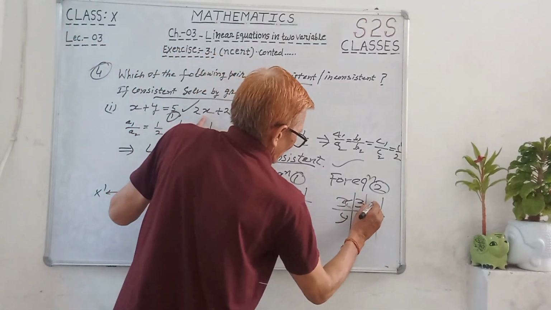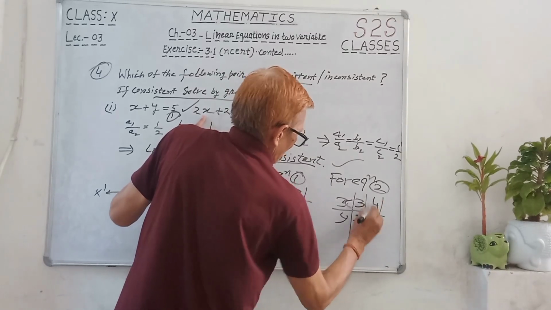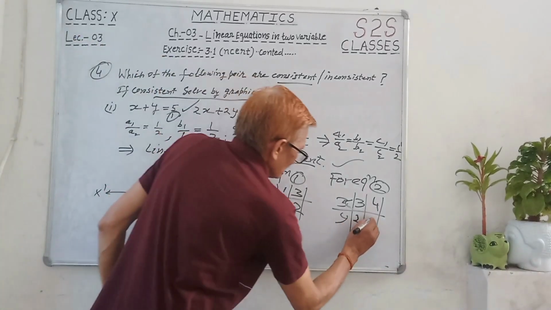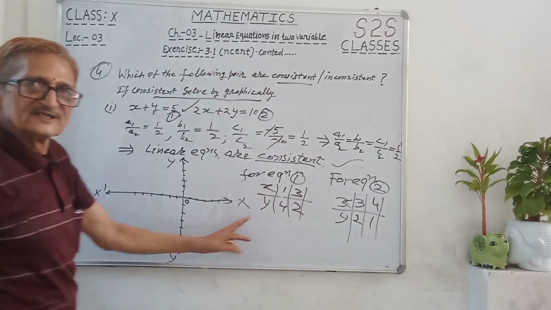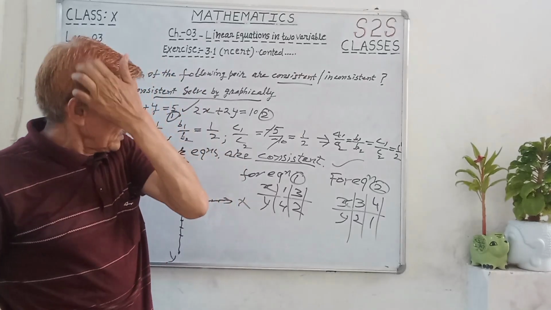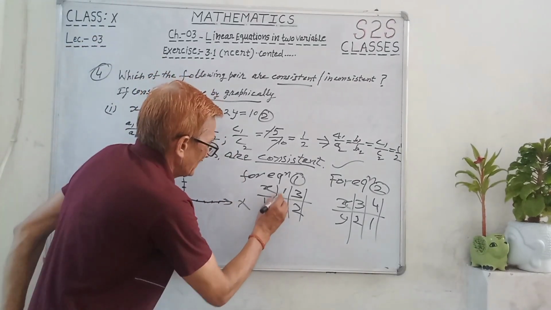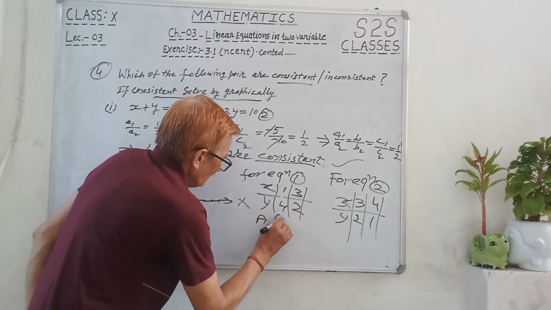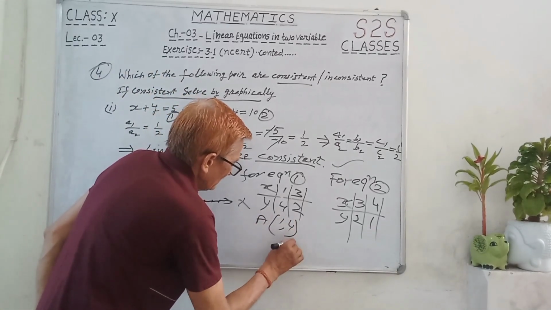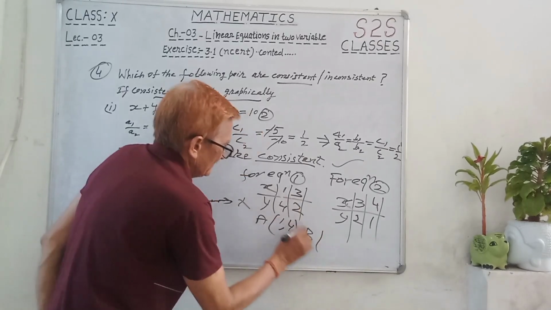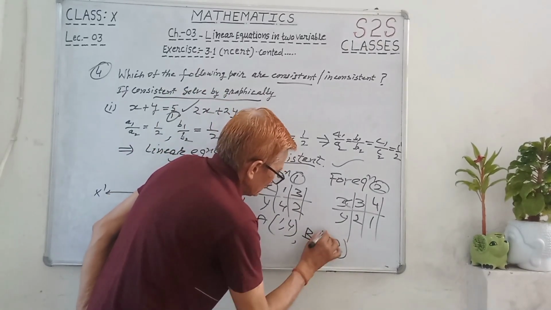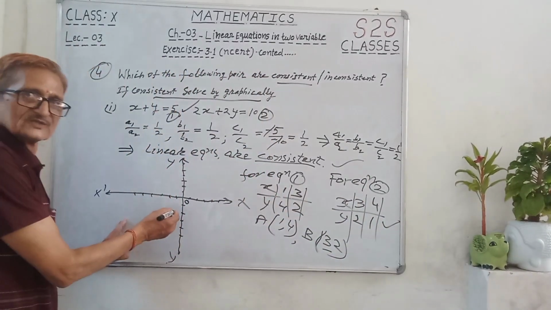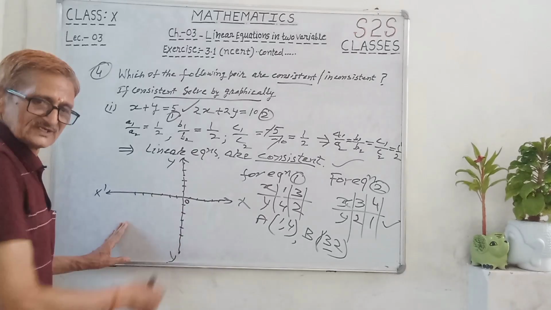If x is 4, 2 times 4 is 8, 10 minus 8 is 2, divided by 2, this is 1. So minimum 2 points you should take. You can take more than 2 also. So the first point is A (1, 4) and B (3, 2) for this equation, and similarly for the second, (3, 2) and (4, 1). Plot them on the x-axis, y-axis in the rectangular system.